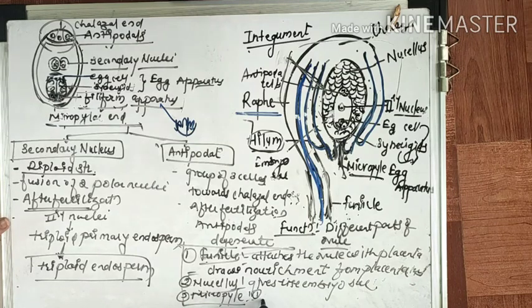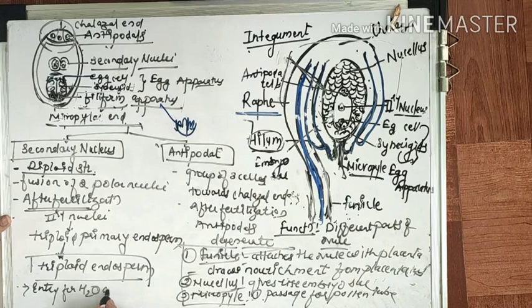First, it forms a passage for the pollen tube, and second, it serves as the entry for water during seed germination. So these are the two functions of the micropyle.